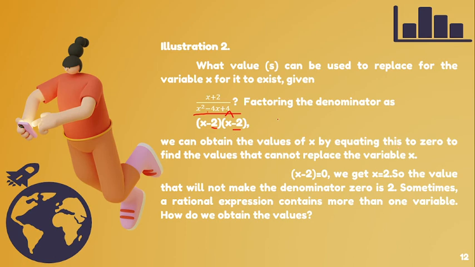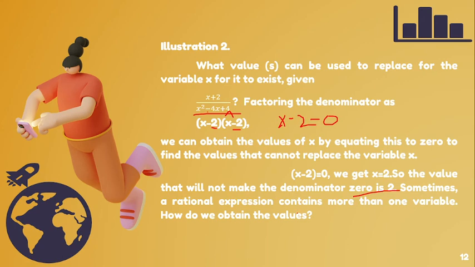Using the addition property of equality, x = 2. So the value that will not make the denominator 0 is 2.